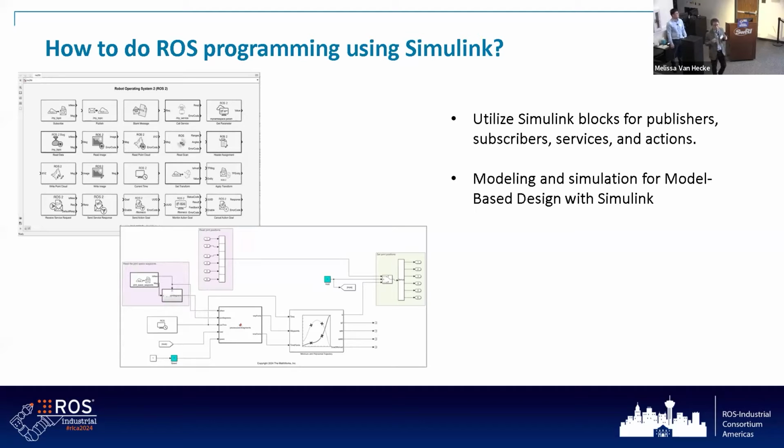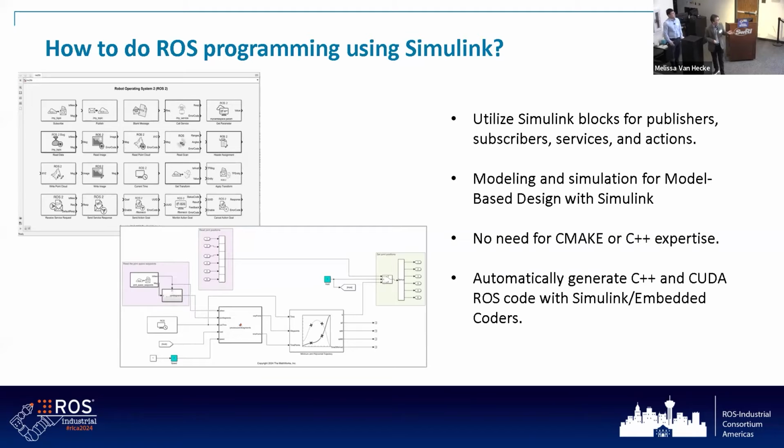Again, Simulink is really a model-based design tool. You can model, and then you can simulate it for the model-based design approach. Same thing, it's made easy. Everything you can do within the Simulink environment. In the same way, after your design is done in the Simulink environment, you can generate ROS C++ code out of it.